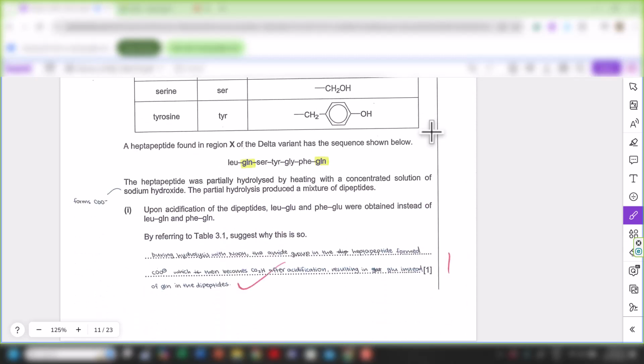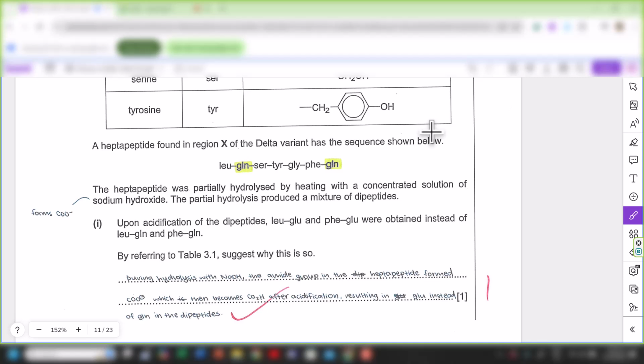First of all, they gave you something called a heptapeptide. I know hepta is a difficult name, but hept actually means 7. So it contains what we call 7 amino acid residues, which is the term people use in biology.